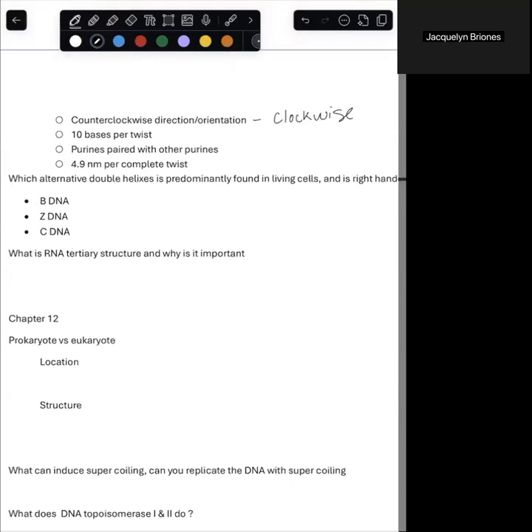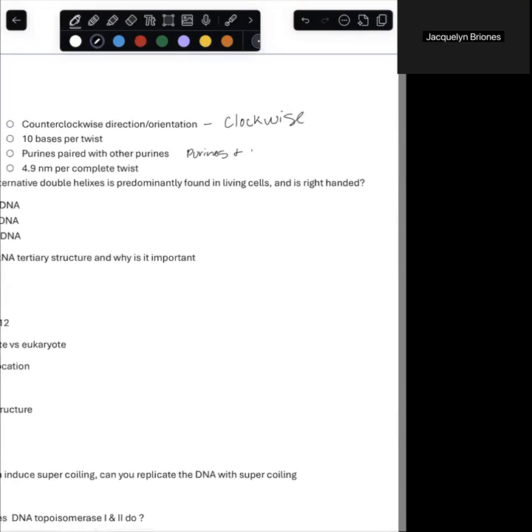Purines pair with other purines. That's false. So purines are paired with pyrimidines. And 4.9 nanometers per complete twist.